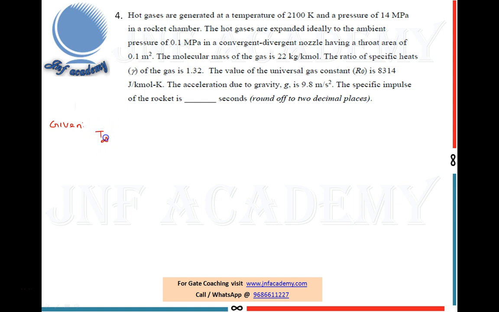So T infinity is given as 2100 Kelvin. Okay, the hot gas is generated, and the pressure is also given. So P infinity is given as 14 megapascal. Okay, 14 mega in a rocket chamber.